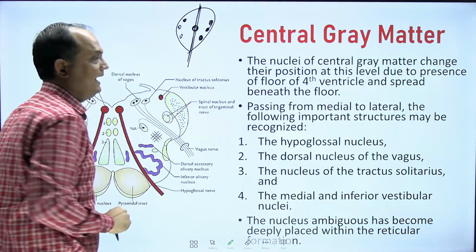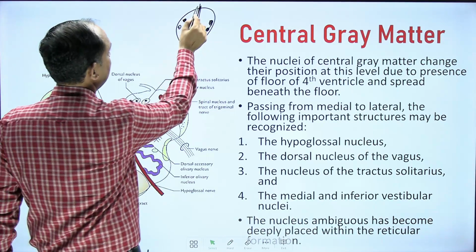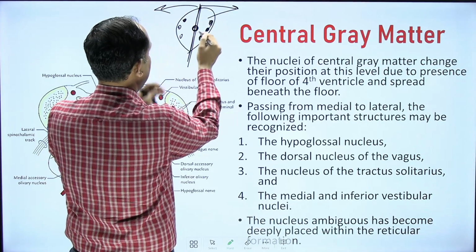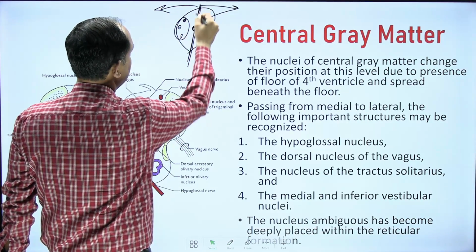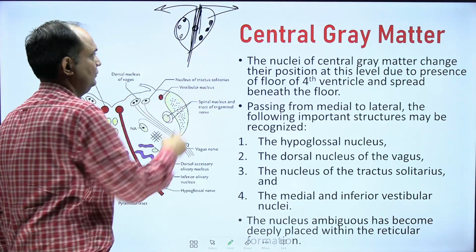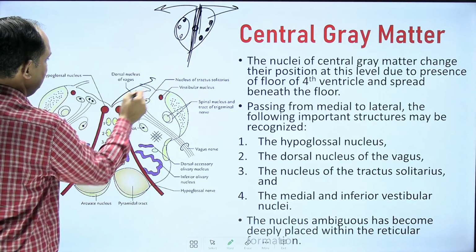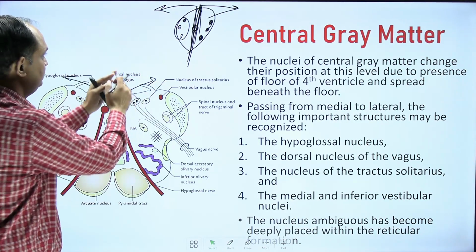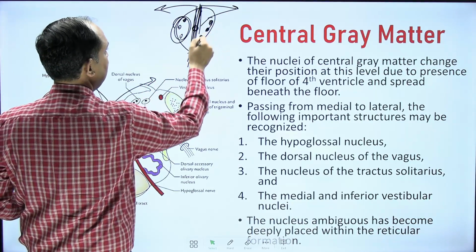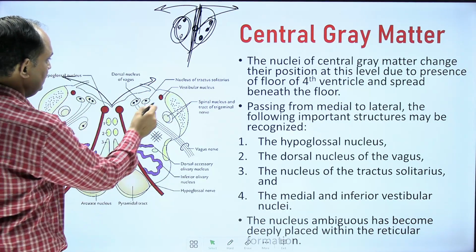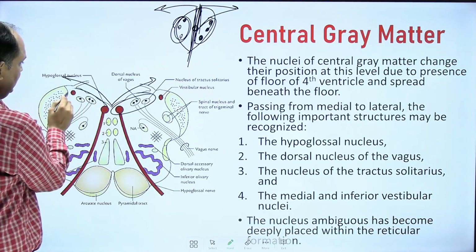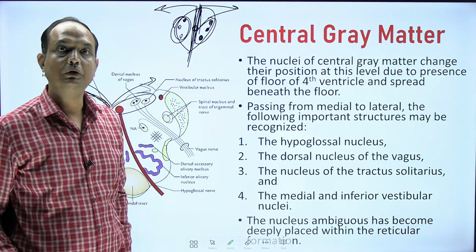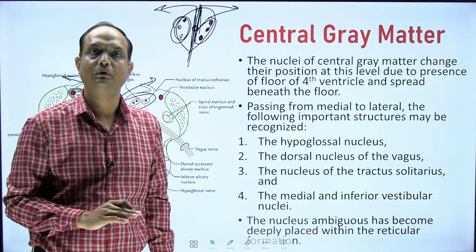But now what is happening here is that this part opens up. Once this part opens up, these nuclei now come under the floor of your fourth ventricle. Because of the opening, these centrally placed nuclei now come here, as the floor of the fourth ventricle.